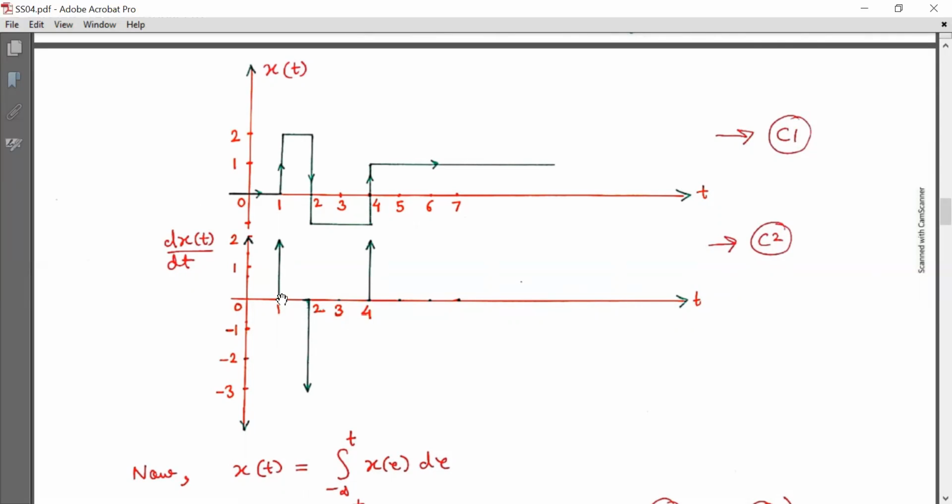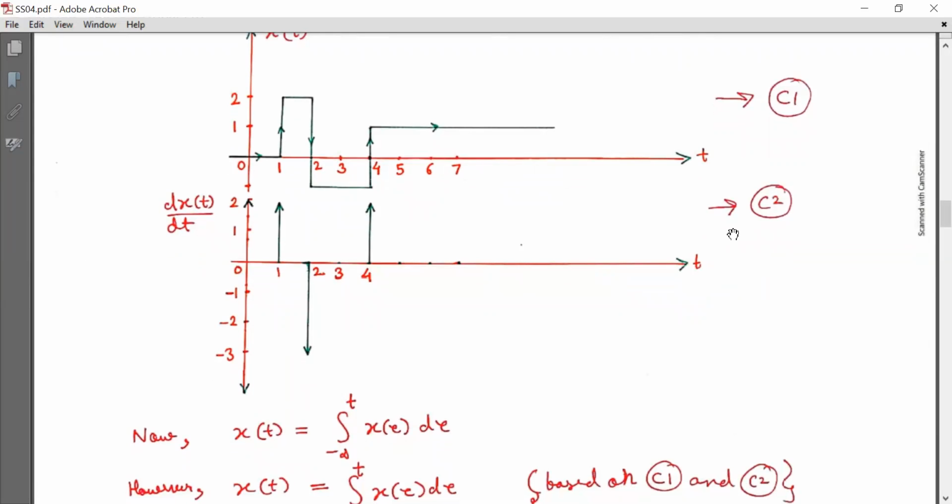So the differentiation of x(t) leads to 3 impulses, that is the first impulse is at t equal to 1 with amplitude 2, the second impulse is at t equal to 2 with amplitude minus 3, and the third impulse is at t equal to 4 with amplitude 2.